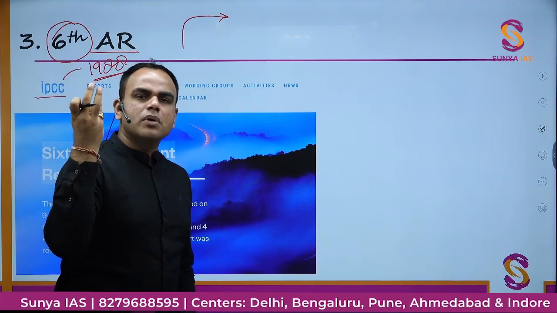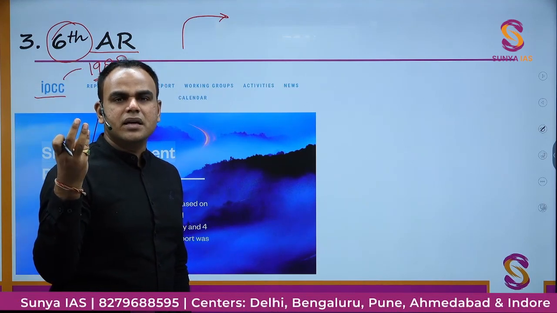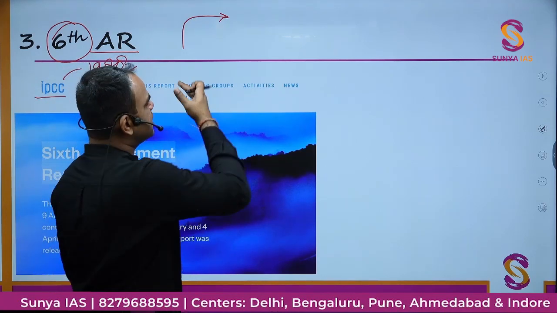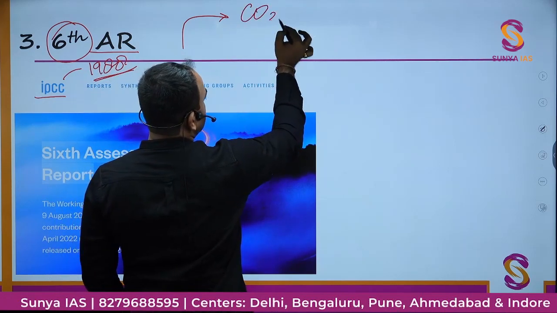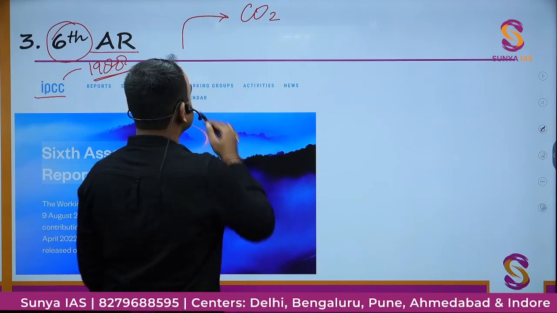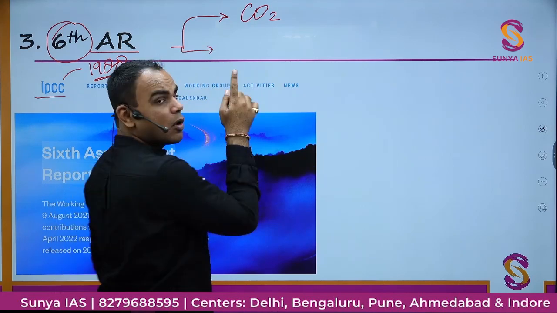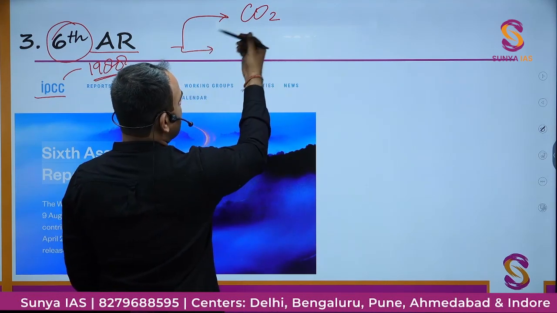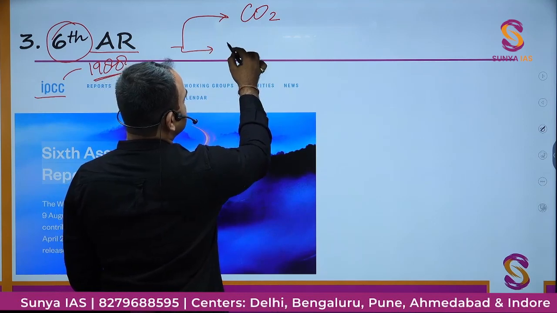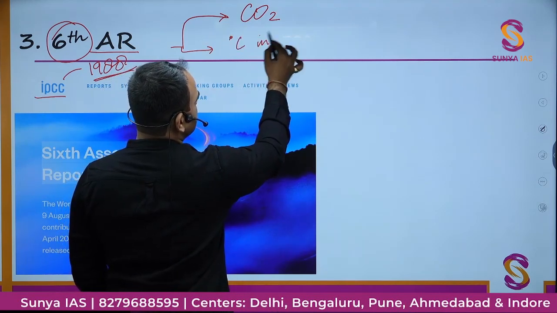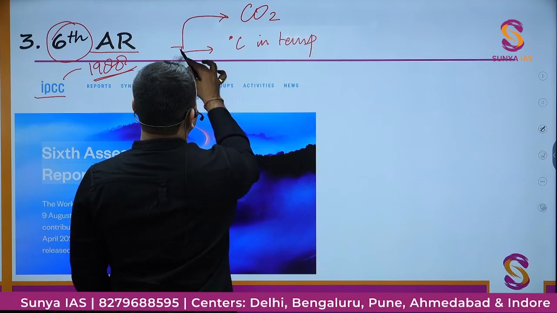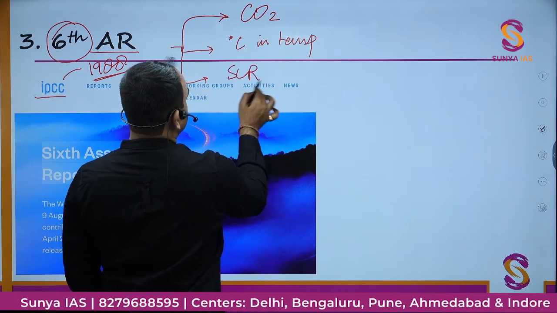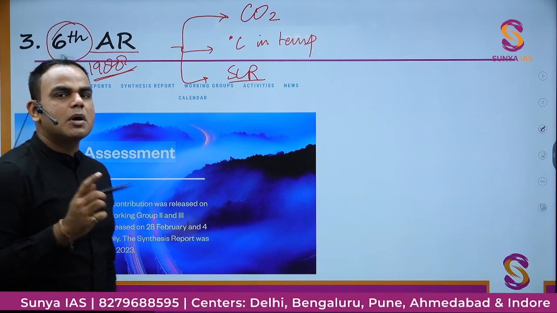It is fact based, with a lot of evidence to support climate change. For example, it talks about increasing carbon dioxide concentrations, and we've already covered the Keeling curve in terminologies. Then it talks about the degree rise in temperature and the sea level rise. So IPCC talks about these things.